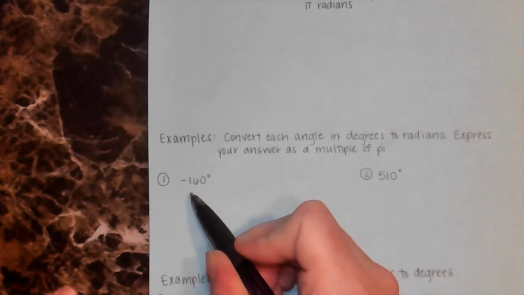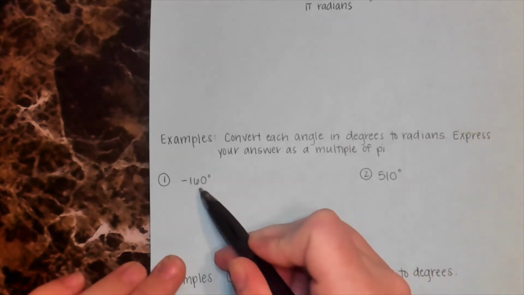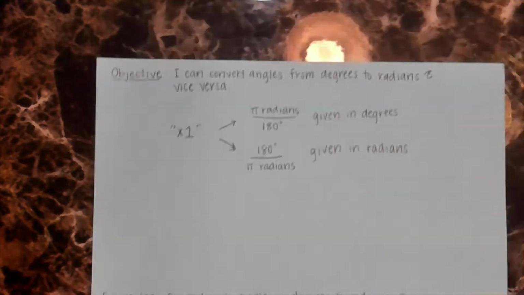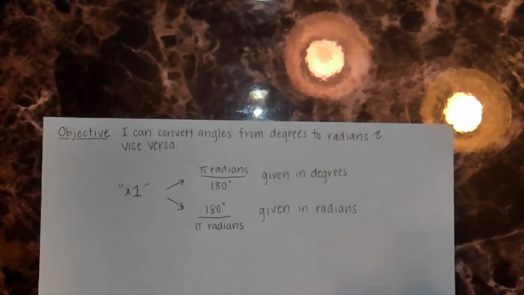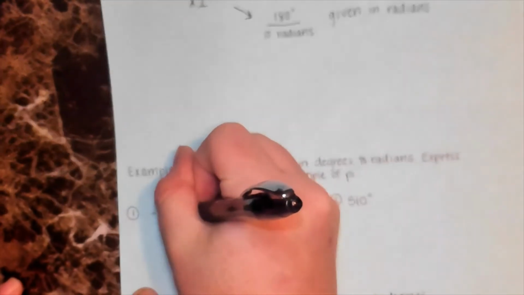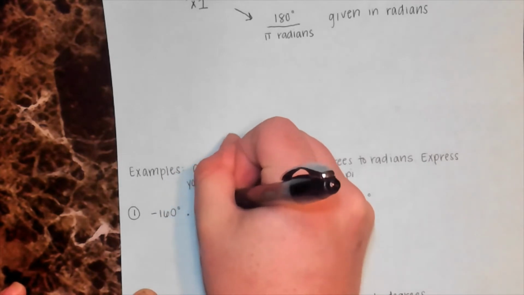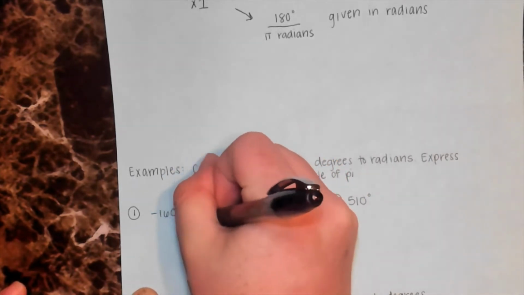So number 1, negative 160 degrees. Because this problem is given to us in degrees, we're going to use the first conversion fraction. So I'm going to grab that, and we're going to multiply by pi radians over 180 degrees.